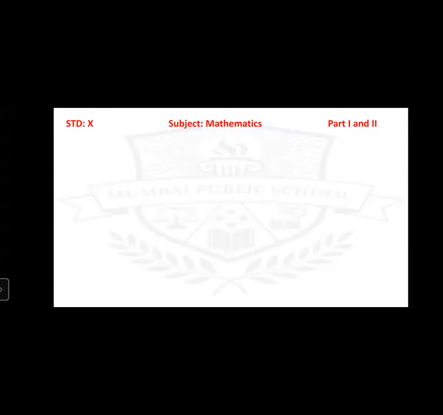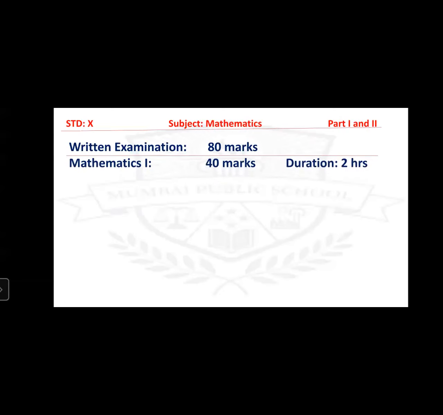It is divided into two parts, written examination and internal evaluation. Written examination is of 40 marks, that means part 1 is of 40 marks and part 2 is of 40 marks. 40 plus 40 is equal to 80 marks. Mathematics part 1 is 40 marks, and the time duration is 2 hours.